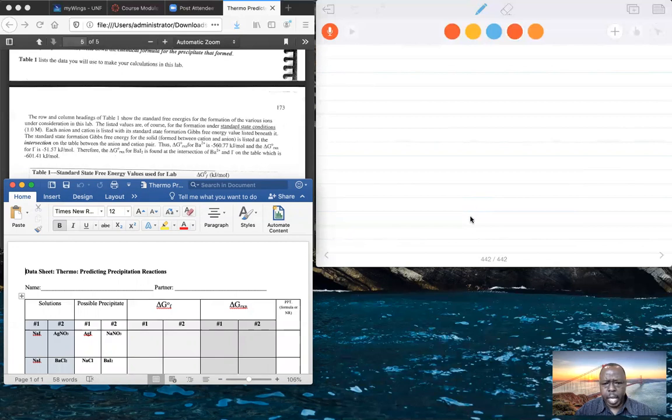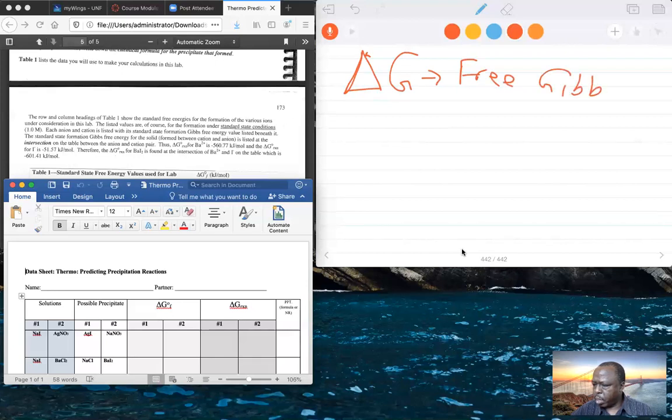So for today: predicting precipitation reactions using free Gibbs energy. You know these thermodynamic terms. We call this the free Gibbs energy, and we are going to use it to predict whether precipitation will take place when you mix two ions.